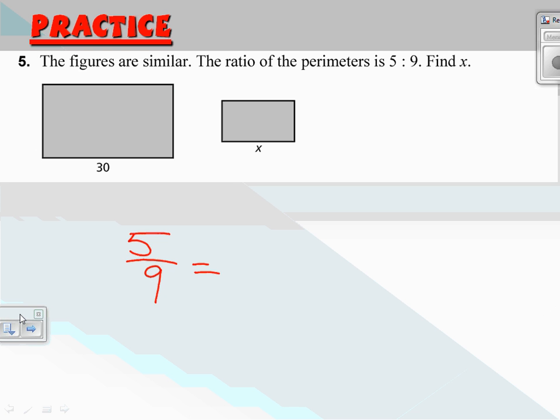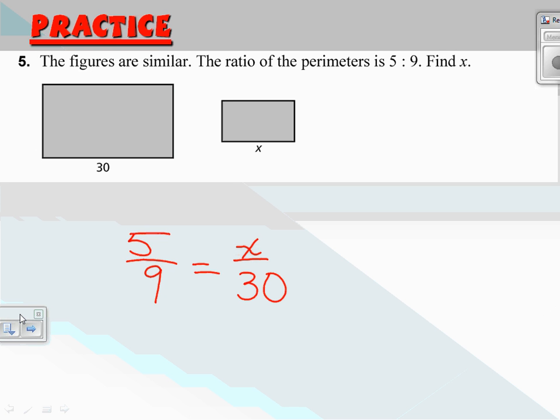So I can write 5 to 9 is x to 30. Why did I put x on top and 30 on the bottom? The reason is the smaller number should be on top because 5 is on top, and the bigger number should go to the bottom, which is 30. And I know that 9 is bigger in the bottom.